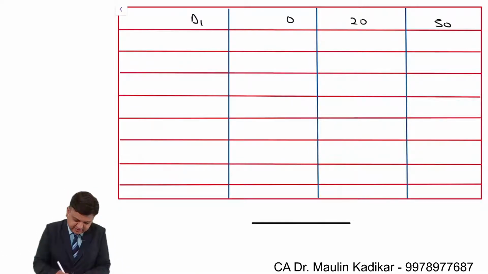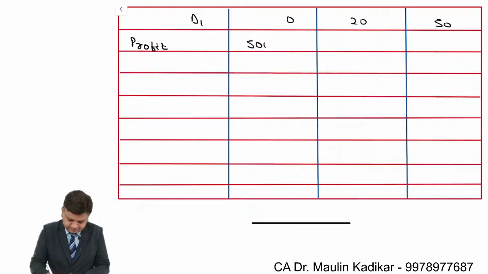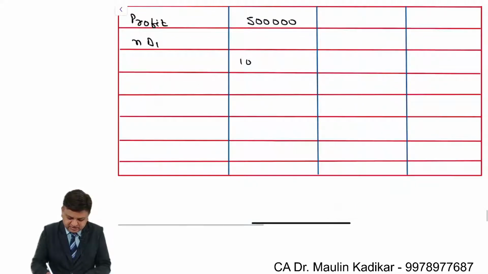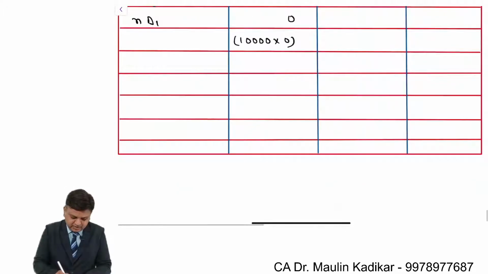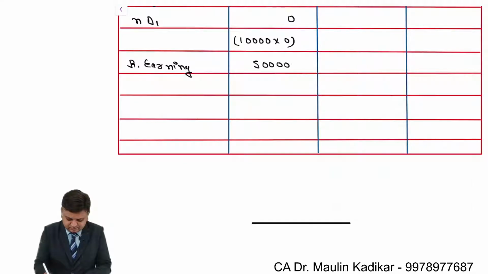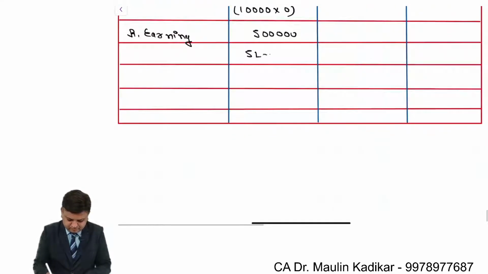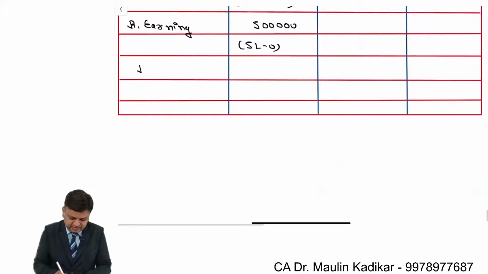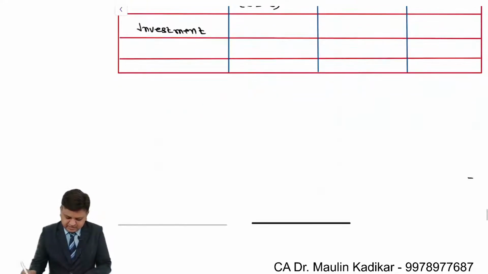We are starting with the profit of the company, an amount of 5 lakhs. We are starting with the first column now. D1, that is dividend paid to the existing shareholders at the end of the year. Retained earning, an amount of 5 lakhs. Investment, 7,50,000.